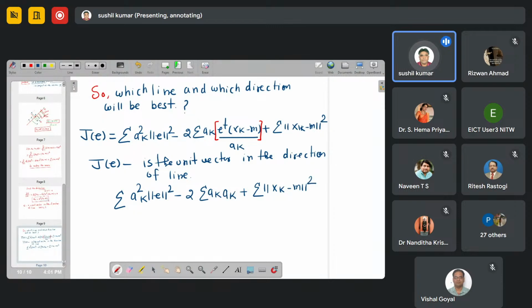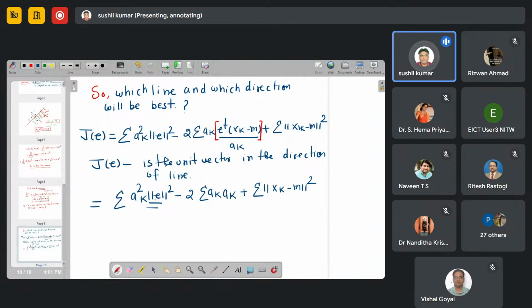So e is the unit vector, and you can convert that portion into 1. We are doing the same calculation here.